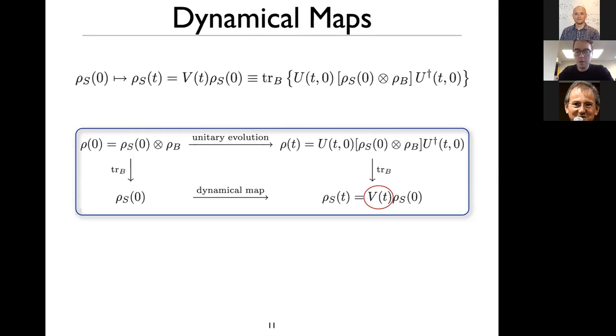Then we can take the partial trace to obtain rho s at time t in terms of this dynamical map. Or equivalently, at time t equals 0, we can take the partial trace over our environment to get rho s at the initial time, and then apply the dynamical map V of t on rho s to obtain our reduced density matrix at time t. So this just shows that these two paths are equivalent.